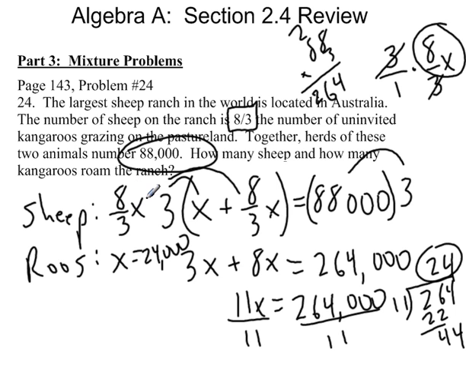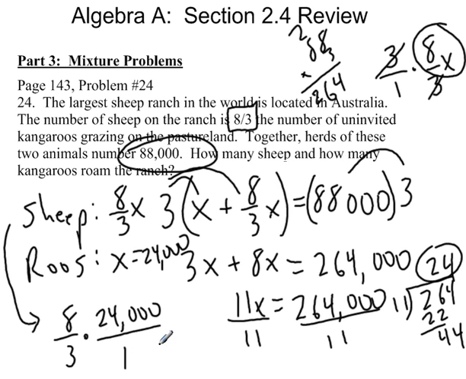But I need to multiply 24,000 by 8/3. Now, how do you do that? Let's go down here. Let's do 8 over 3 times x, which is 24,000. And we can put that over 1 if we need to. 3 will go into 24 8 times.